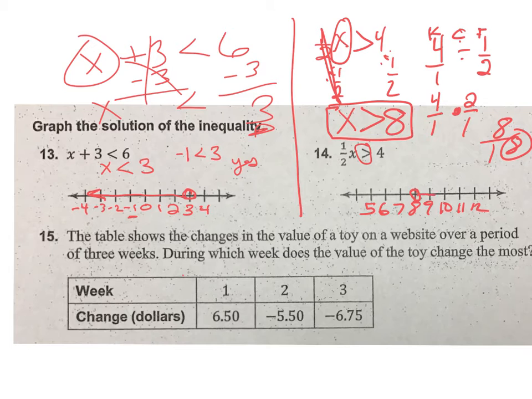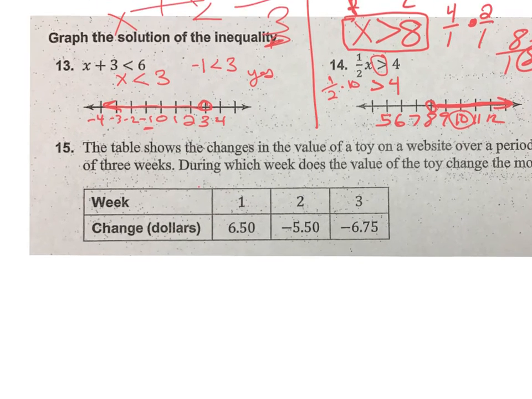So then I go this way, and I have to make sure every number on this line works. So I'm going to take the number 10. 1/2 times 10, is that greater than 4? Yeah. 1/2 of 10 is 5, so 5 is greater than 4. So I went the right way. Good.